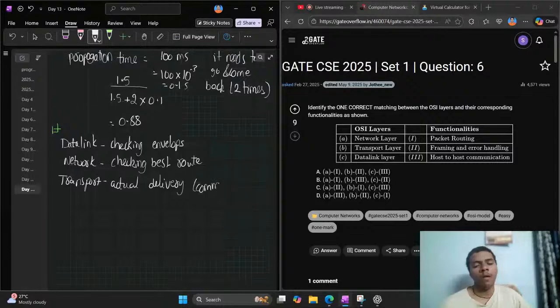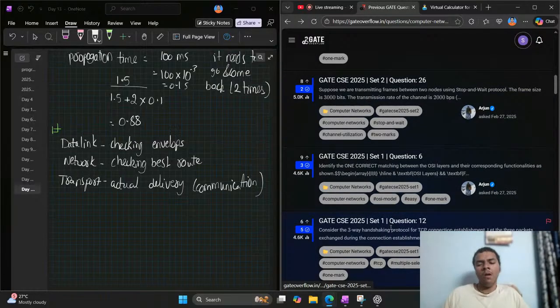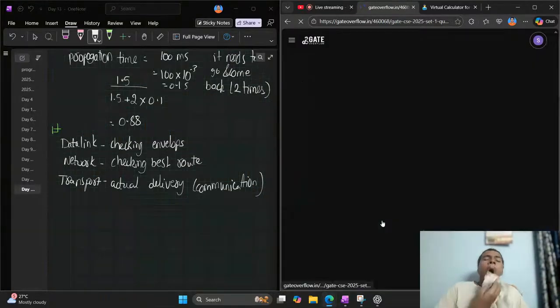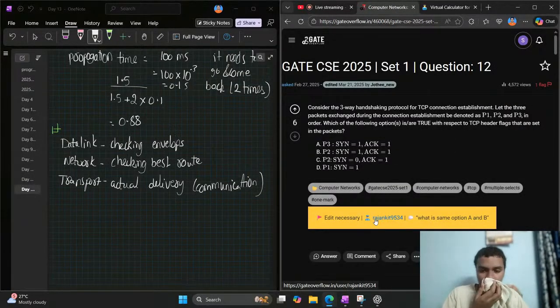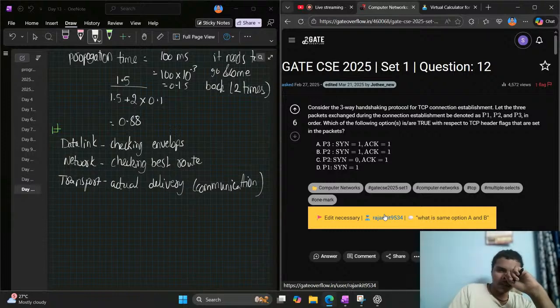Communication. Three-way handshake protocol. TCP header flags.